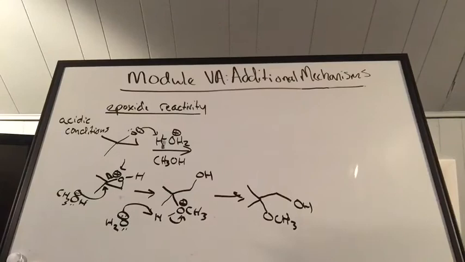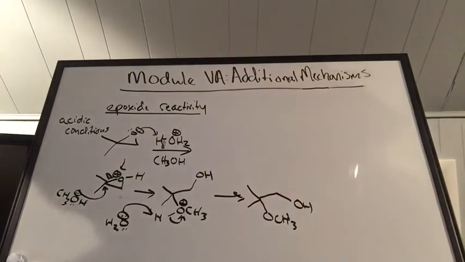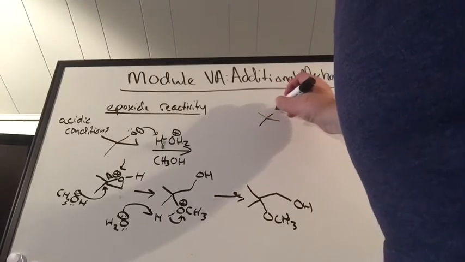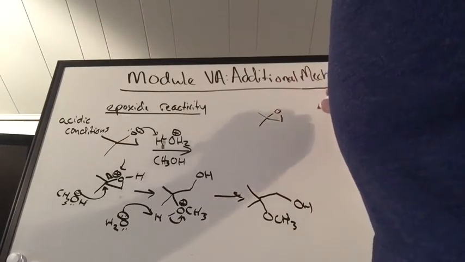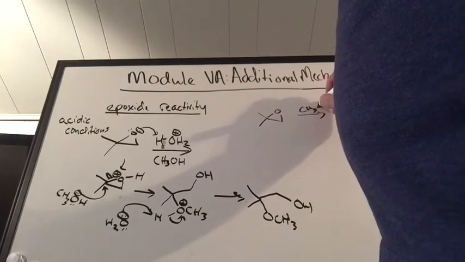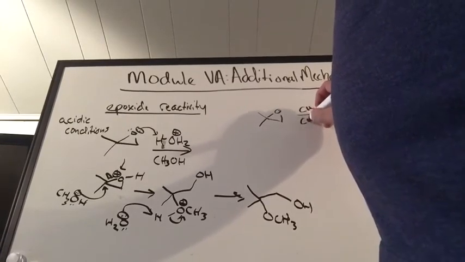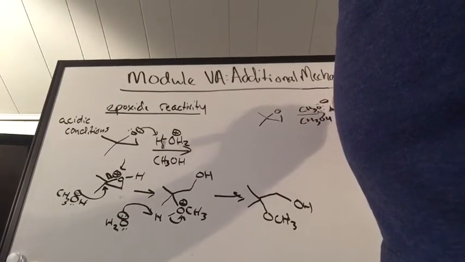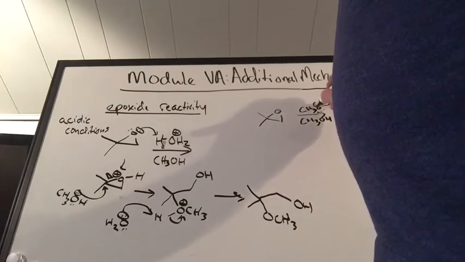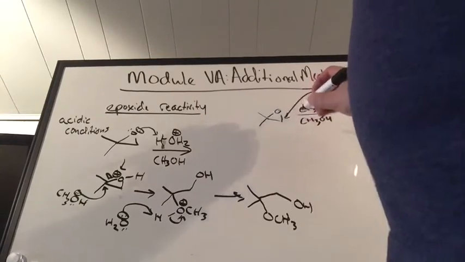Okay. Now under basic conditions, we have the same substrate, and treat this with methoxide anion, and of course the conjugate acid of that. It's a negative charge.